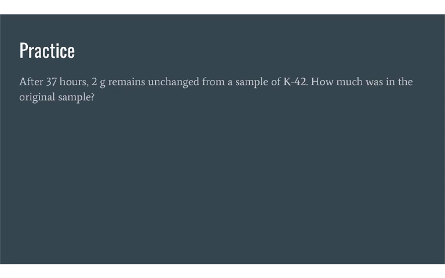All right, you should be on pause by now, so let's take a look at this one. So our time elapsed was 37 hours, and 2 grams remained, so 2 grams were left of a sample of potassium-42. So how much was in the original sample? First, I need to go to table N and find my half-life of potassium-42, which is 12.36.